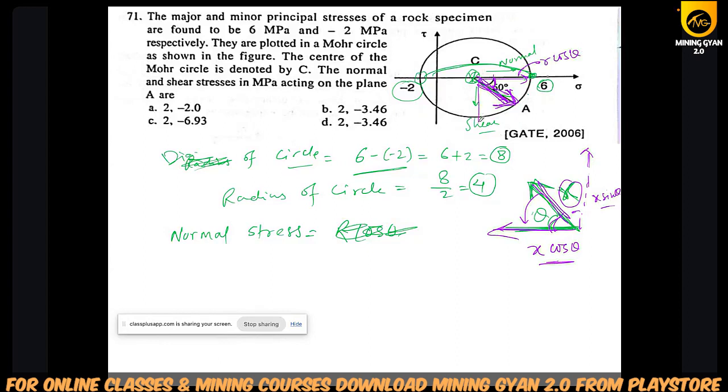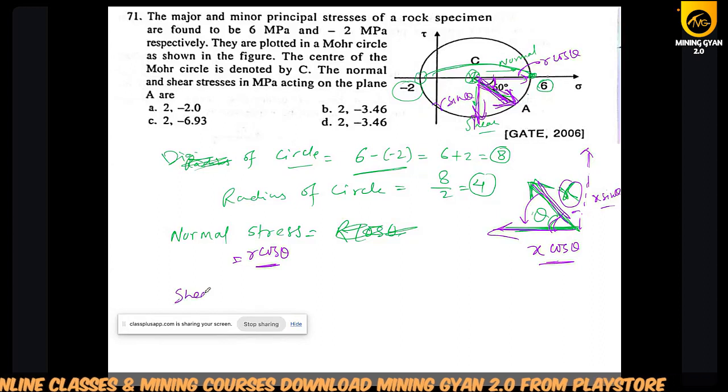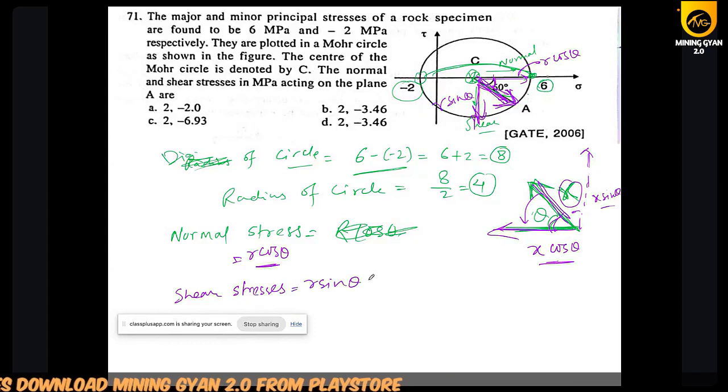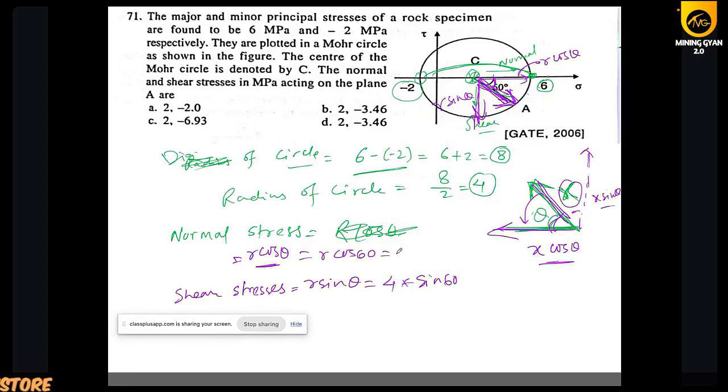On the vertical side you don't find theta, so it will be r sin theta. So normal stress will be r cos theta, and shear stress will be r sin theta. So r is 4, with cos 60 and sin 60.